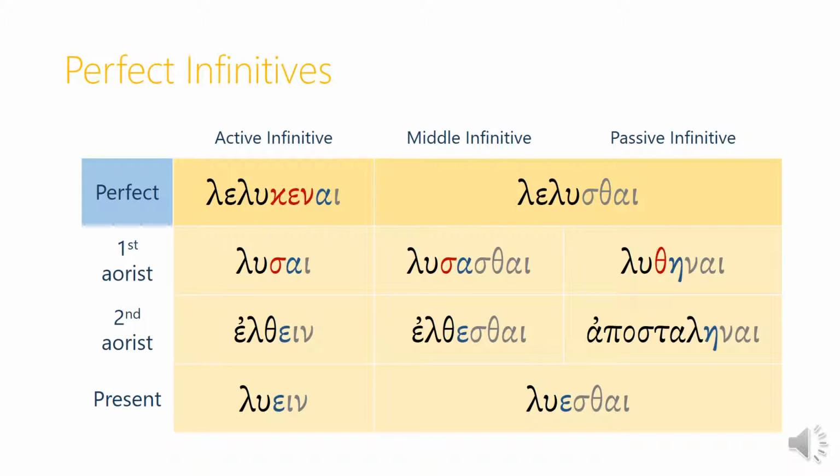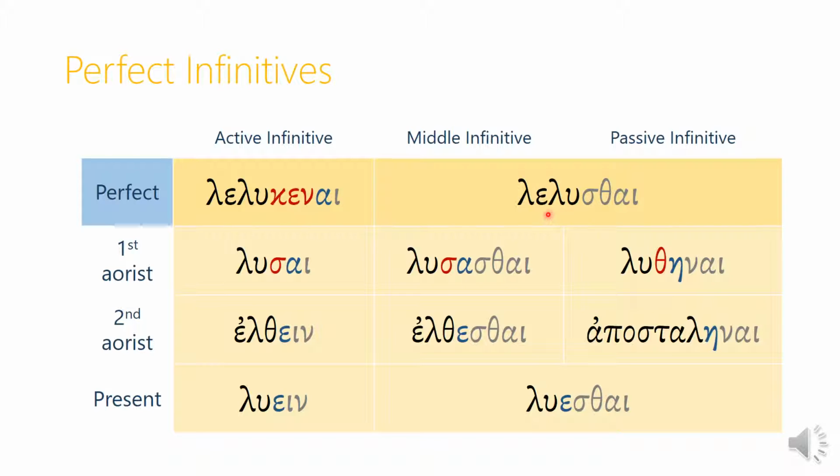So if you remember that the present middle and passive infinitive ended with esthai, and the second aorist middle passive infinitive ended with the same esthai, the first aorist ended with the sthai ending, but just used the sigma tense marker and alpha connecting vowel in front of it to give us sasthai.